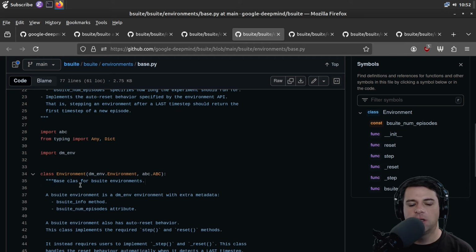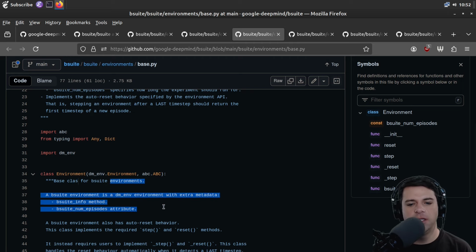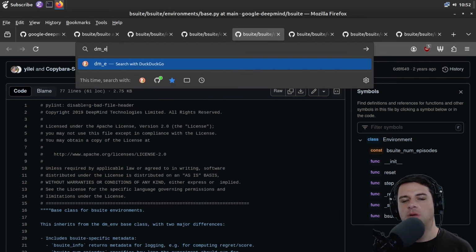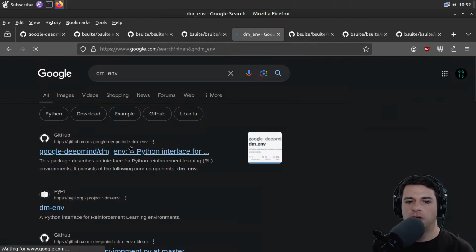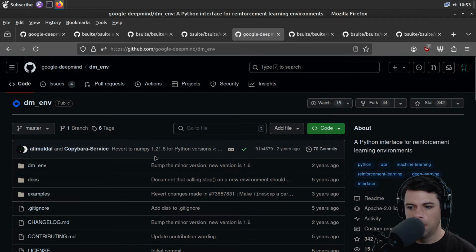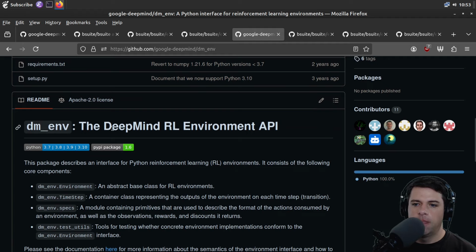There's a typo for Bsuite environments. A Bsuite environment is a DMEnv environment with extra metadata. So this is building on DMEnv, which I think is basically also an abandoned project. DMEnv, yeah, the DeepMind RL Environment API.